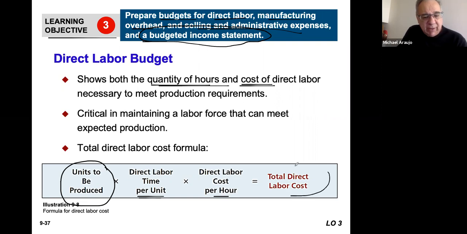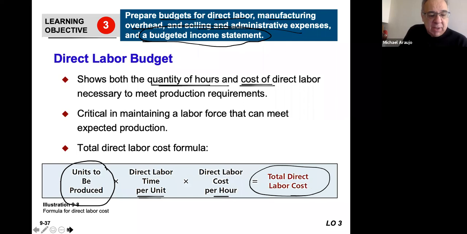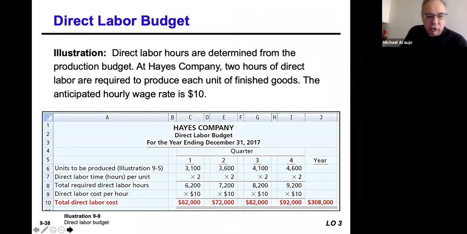And that's going to provide us with the total costs of labor. This particular illustration is on page 372 in your book. And again, it's not that difficult to figure out, just different and new.